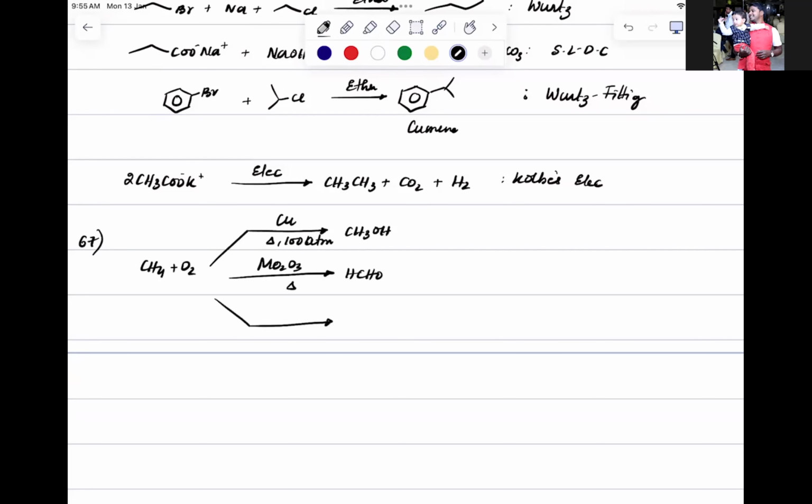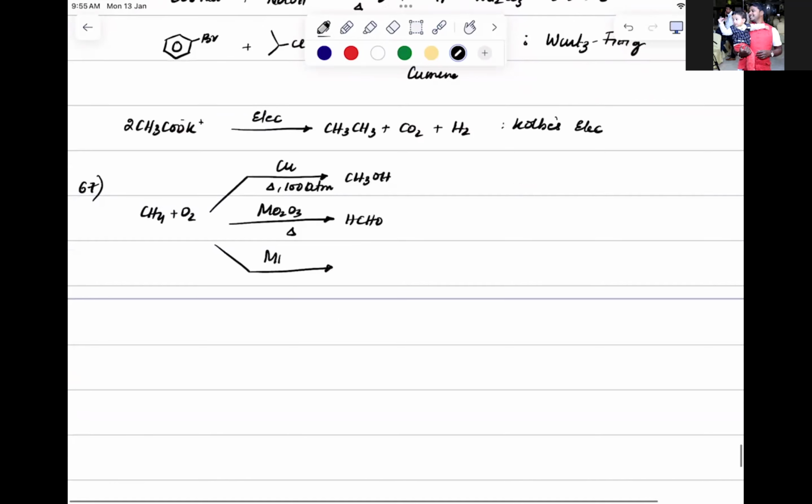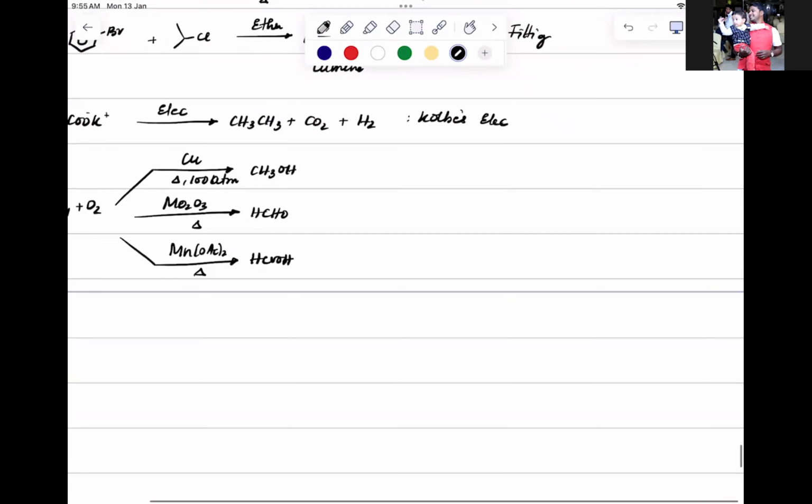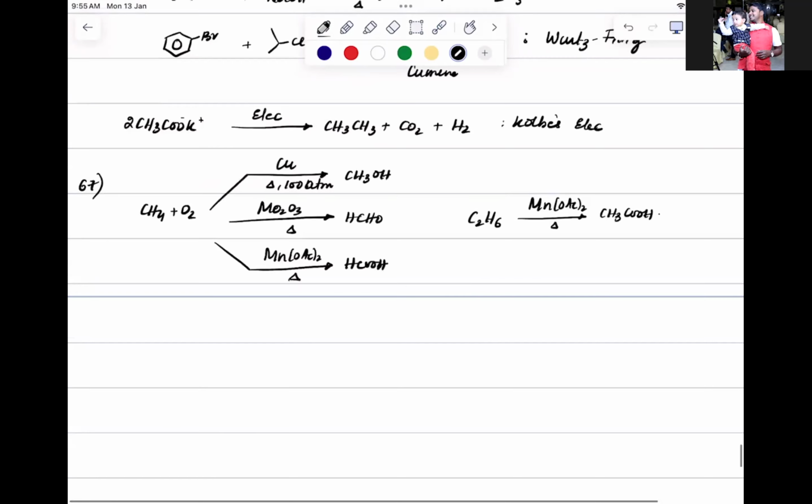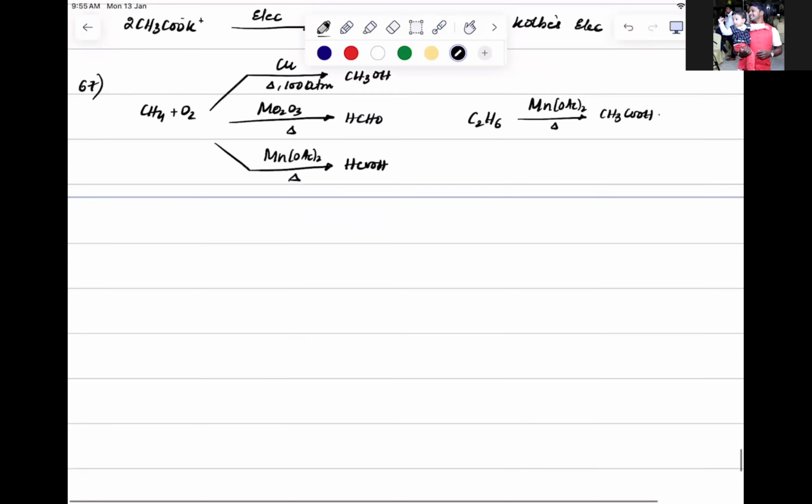And lastly, if it is with manganic acetate and heat, then it is formic acid. In NCERT, they have given it for ethane, sorry, C2H6. So C2H6, if it is reacted with (CH3COO)2Mn and heat, it will convert into ethanoic acid. So the idea is the same.